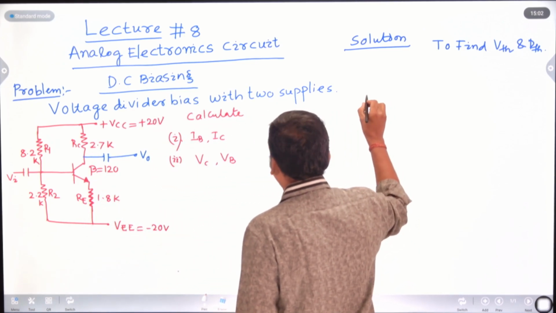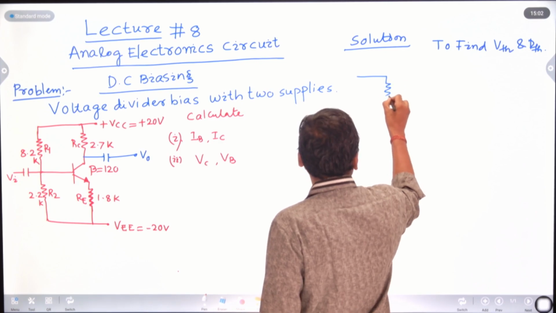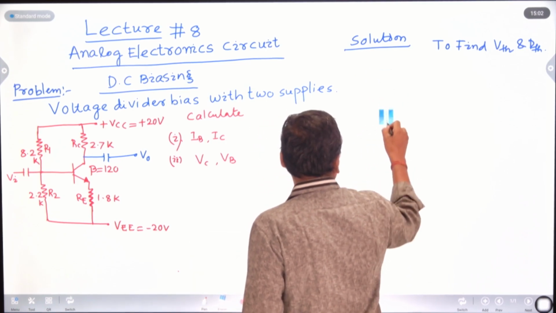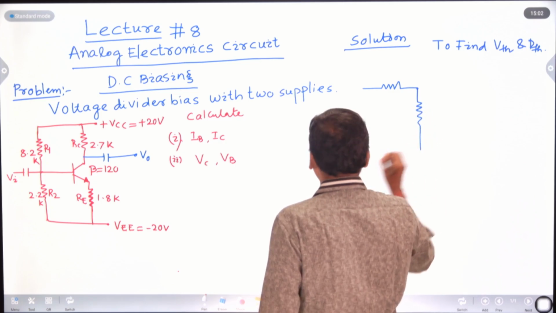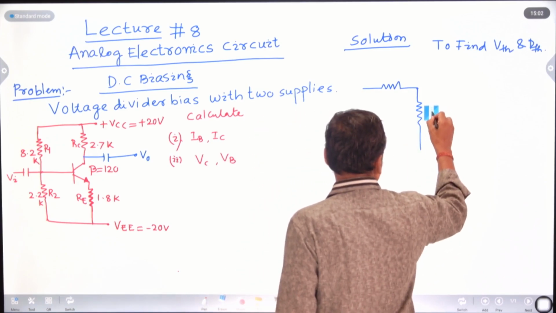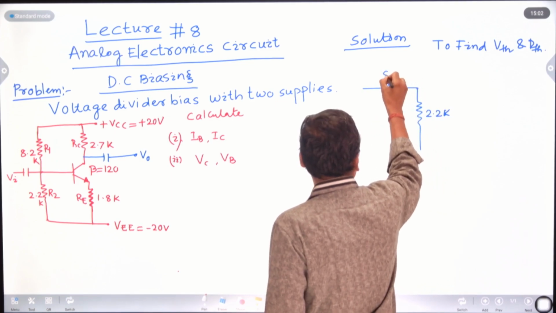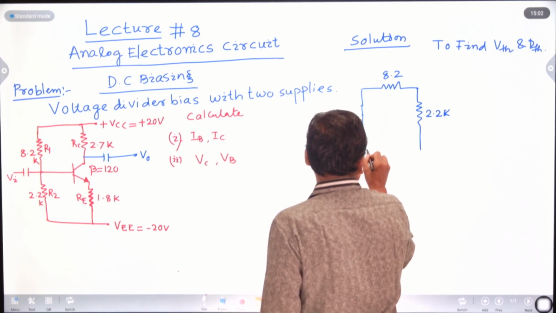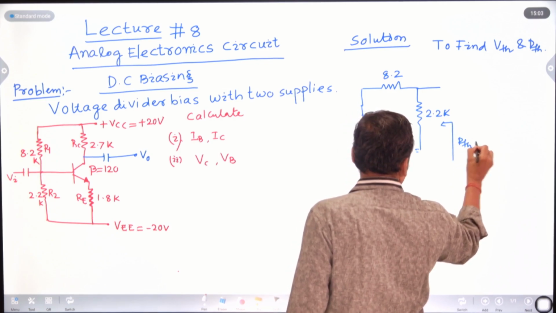This is your R1, 8.2 kilo ohm, and this is your R2, 2.2 kilo ohm. Here the voltage source can be short circuited, like this, to find RTH, the Thevenin's resistance.